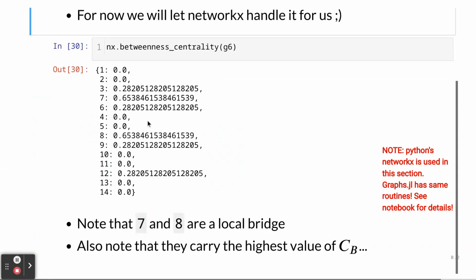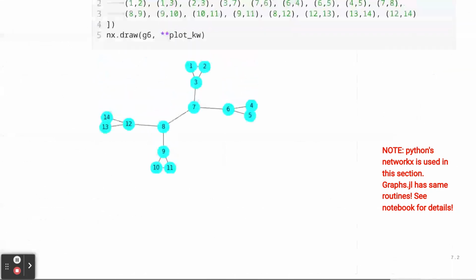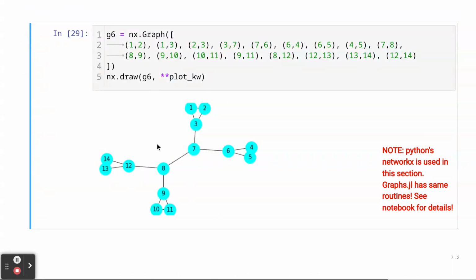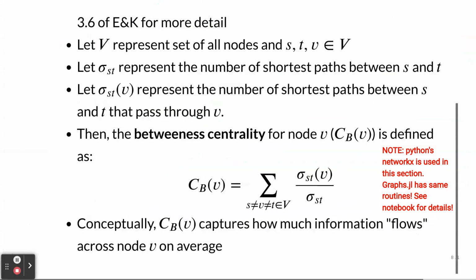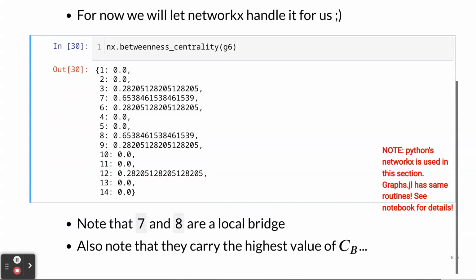And what you'll see here, if you remember the graph we had, let's go back and take a quick peek at it. G6 was this graph where we already made the comment that nodes 7 and 8 were a local bridge connecting the left and right halves of our network. So keeping that in mind, we'll see that the betweenness centrality score for nodes 7 and 8 is higher than all the other nodes.